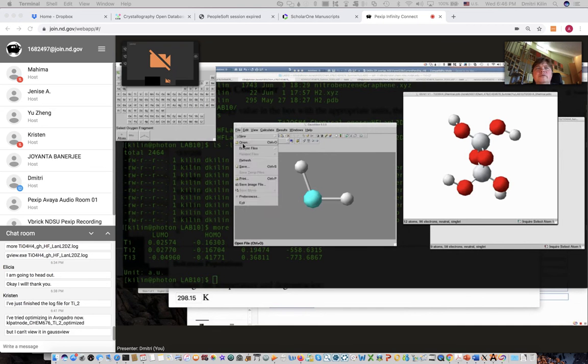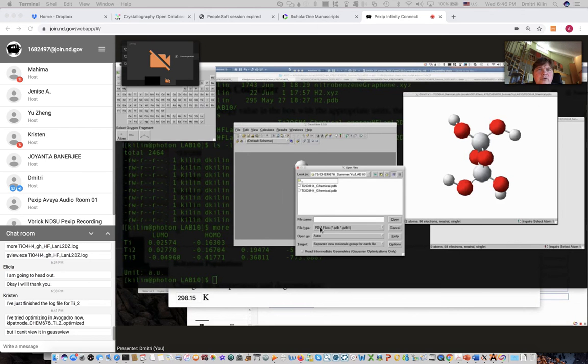Let me check for the log file. It's in the directory, not in lab 10. I'm looking. Some other one titanium. Let me focus on the log files.